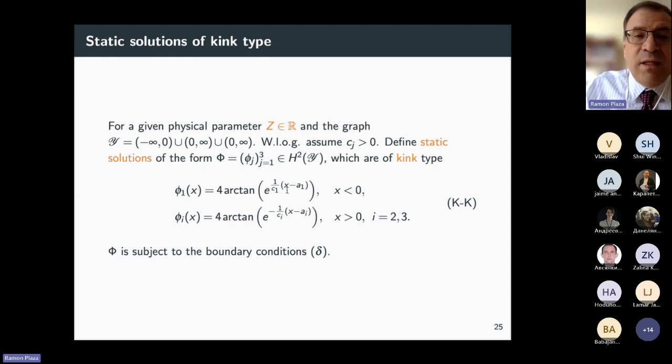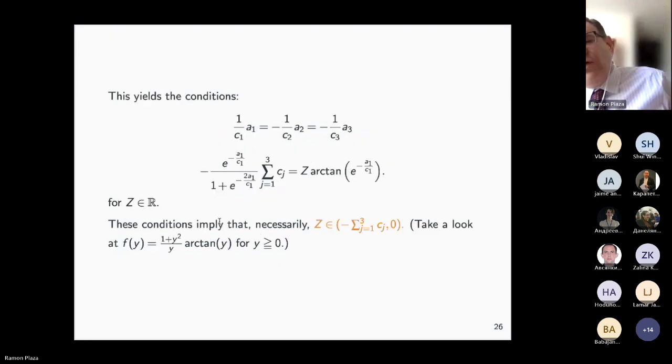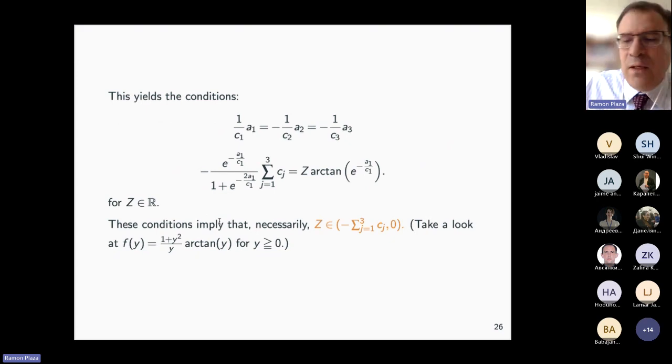Of course, this static solution phi is subject to the boundary conditions of delta type. If you play with the boundary conditions of delta type, from the conservation of the charge, you have this relation between the a's and the c's, the speeds on each edge. From the other boundary conditions, you get this relation between the a's, the c's, and the physical parameter z.